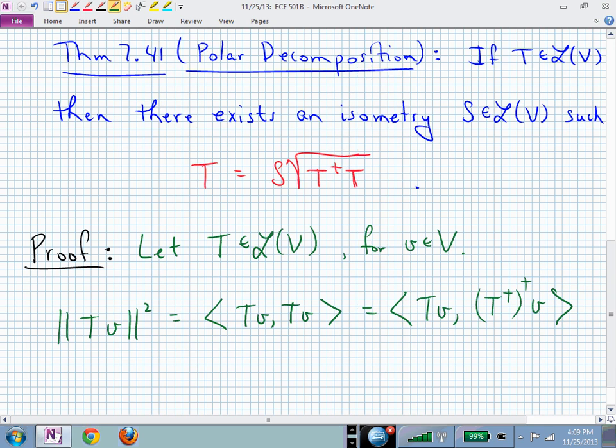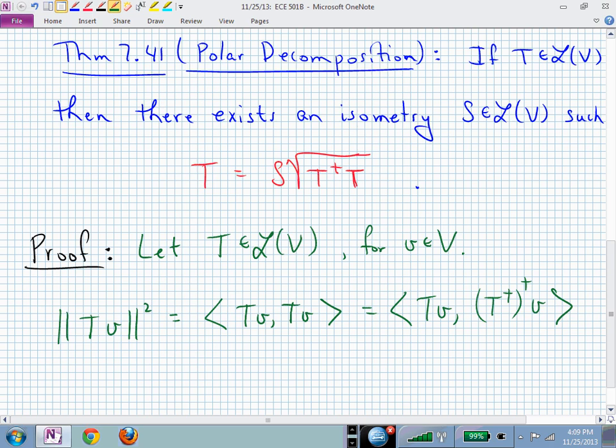That's an equality. But now what we want to do is use the definition of the adjoint. The definition of the adjoint says that if you had some operator adjointed, that's the same as moving that operator in front of the first slot. And if we take the adjoint of the adjoint, we're just left with the adjoint appearing prior to that vector in the first slot.